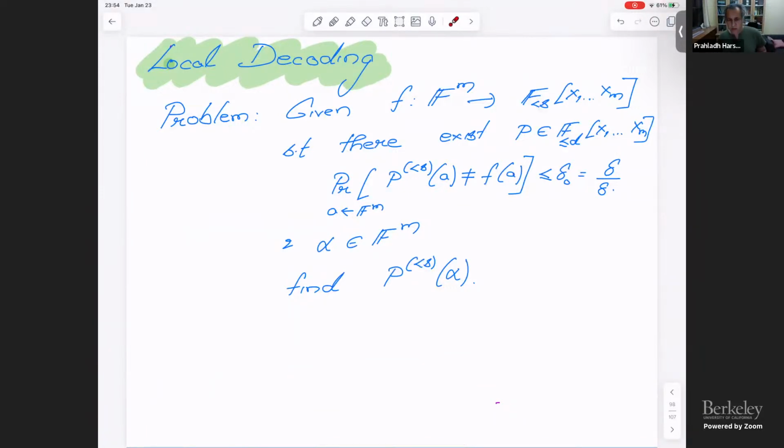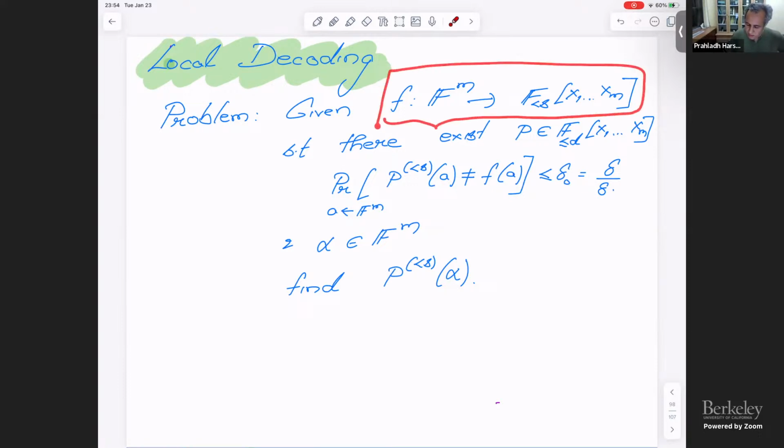Okay. So once again, what's the problem here? We are given some word f on the entire space. We're looking at multivariate multiplicity codes defined on a grid, and we're going to assume the grid is the entire F^m now. For each location, we are given a polynomial of degree at most s.